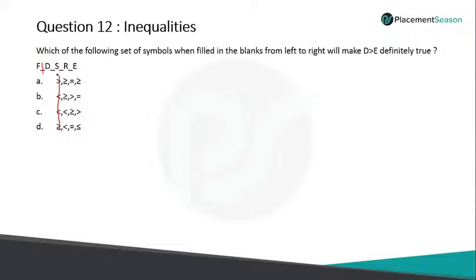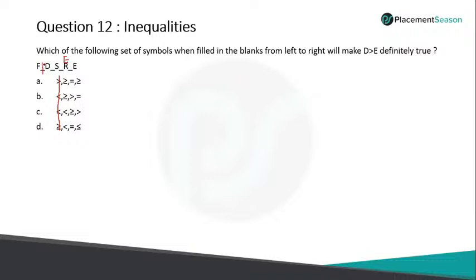Next, D greater than or equal to S. So D can be greater than S, or D can be equal to S. S is greater than R. Next symbol, R is equal to E. So if R is equal to E, I can replace E here.